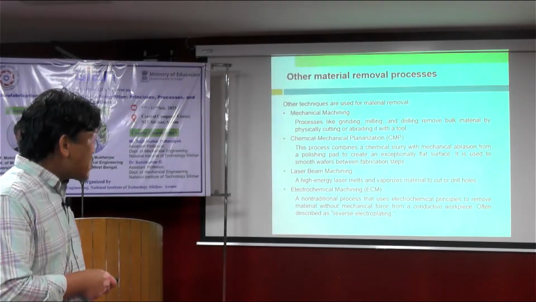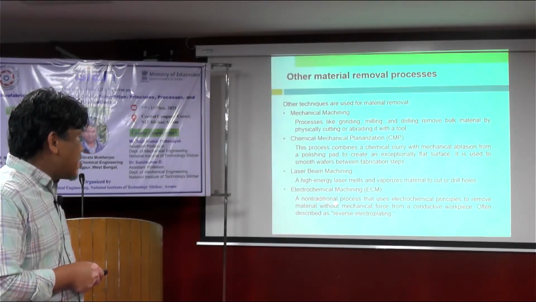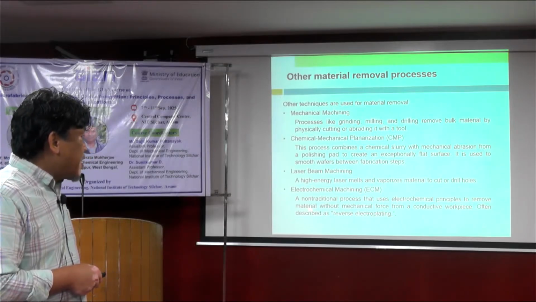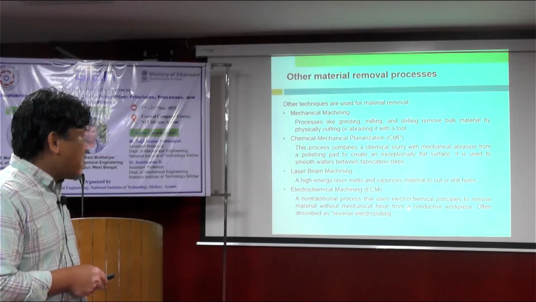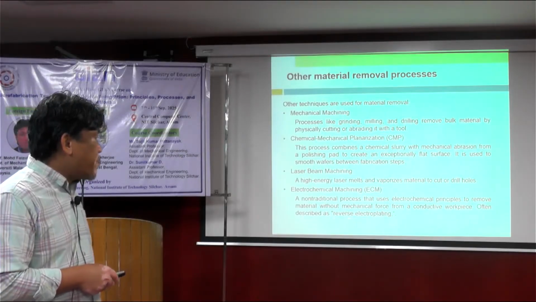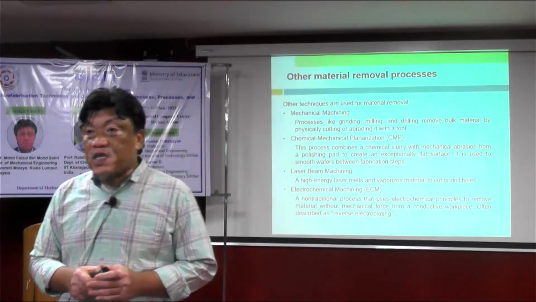Then we have electrochemical machining, ECM, a non-traditional process that uses electrochemical principles to remove material without mechanical force from a conductive workpiece, often described as reverse electroplating. In a previous lecture, we looked into electrodeposition.